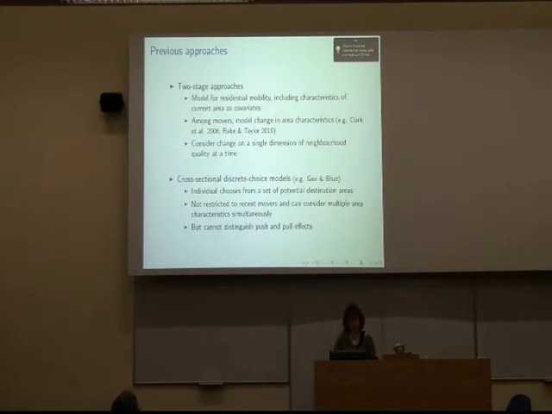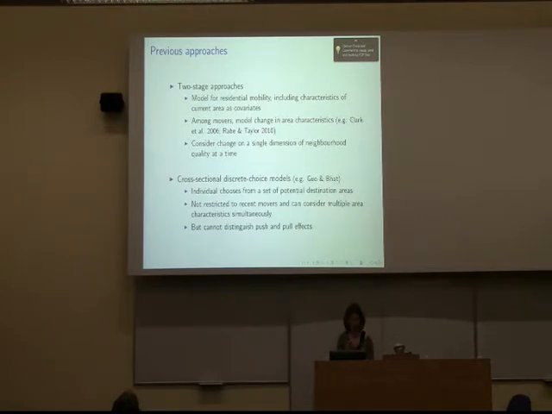And the second stage, and often these two stages will not be done in the same piece of work, is to focus on those who've moved recently, and then to compare the area that they moved to with the area that they moved from. That comparison will be used to define a dependent variable. So it could be, say, the difference in some measure of neighbourhood quality between the origin and the destination area.